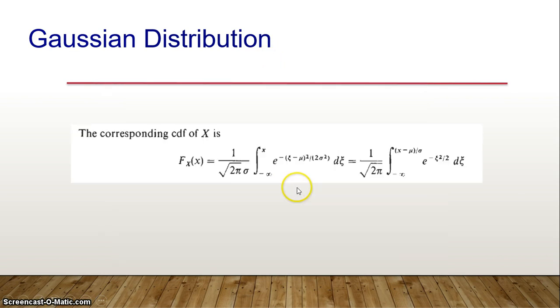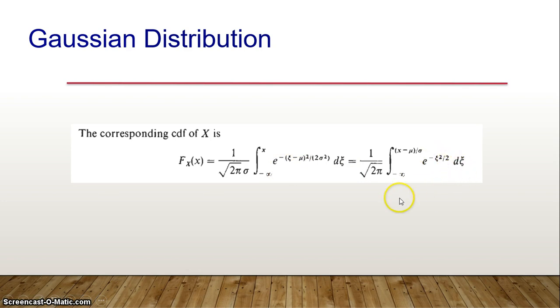So that is Gaussian. Coming to its corresponding distribution function, it is the integral of 1 by root 2 pi sigma from minus infinity to x, of the same function. Don't forget the minus infinity to x. Solving this mathematically is not easy, because of the form e power minus x square by 2 d sigma.